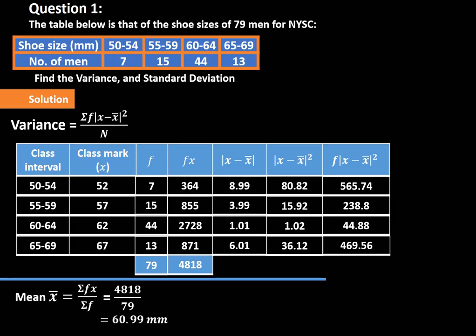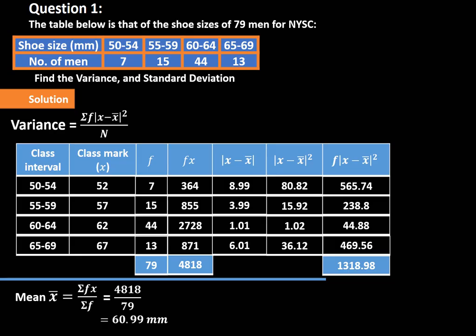And 13 multiplied by 36.12, the result is 469.54. So we are going to go ahead and sum that up. When we sum that, that is 1318.98. So that is our summation f multiplied by (s minus s bar) square.